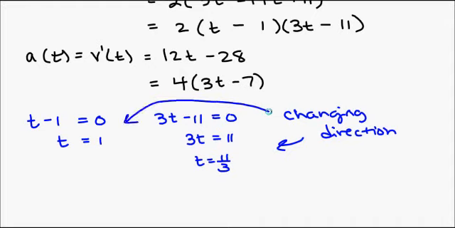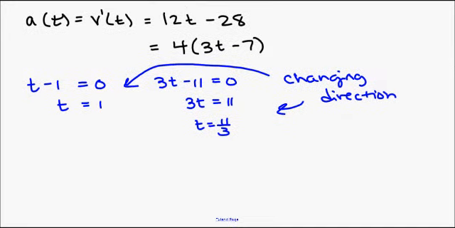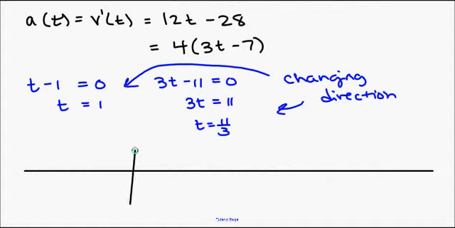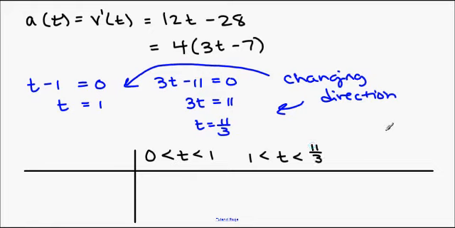Well, let's see which direction I'm actually moving in. So I'm going to bring back the sign chart. I'm going to have my intervals first. I know the first one is going to be from 0 to 1. And then from 1 to 11/3. And then 11/3 to the end of time.